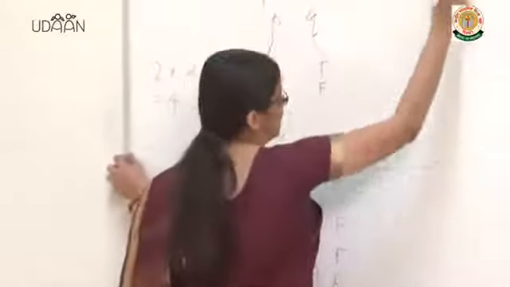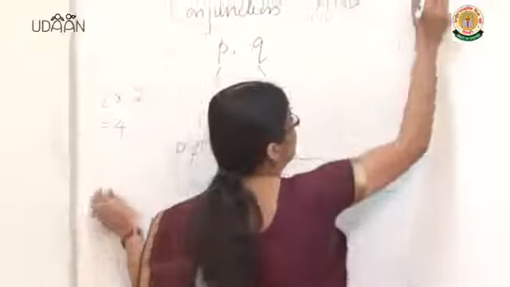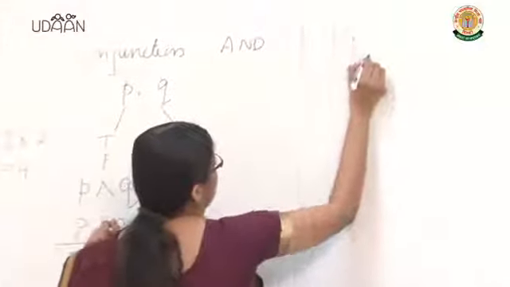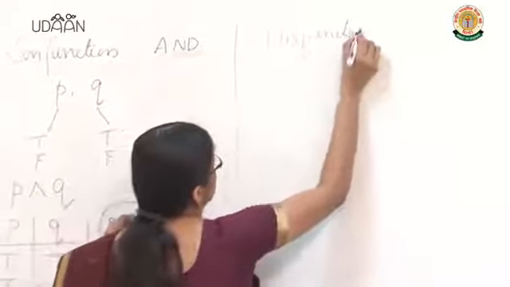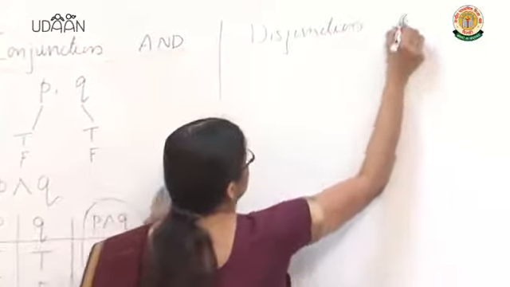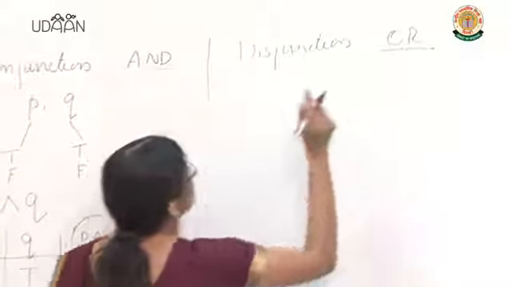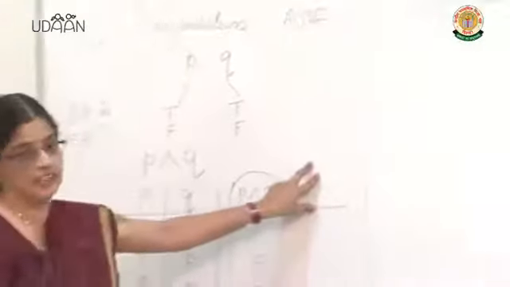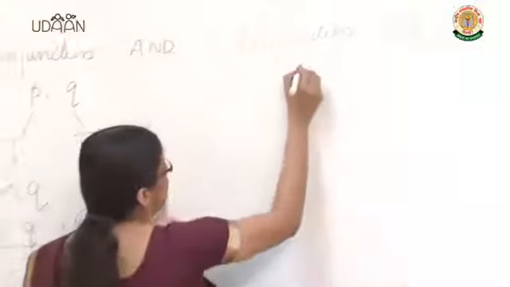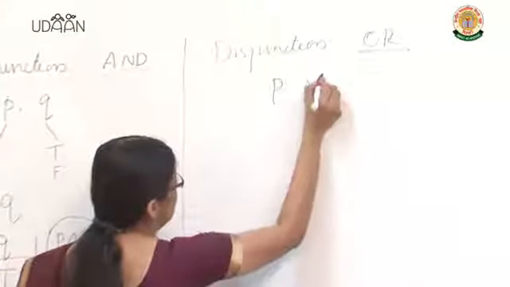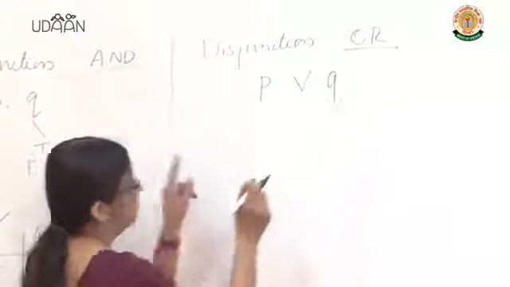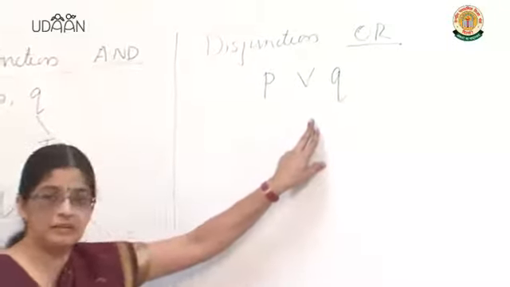Now the second connective, disjunction. Disjunction, or we write it as the OR connective, OR statements. It is denoted by P or Q. P and Q are two simple statements.